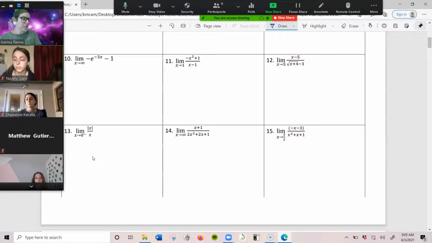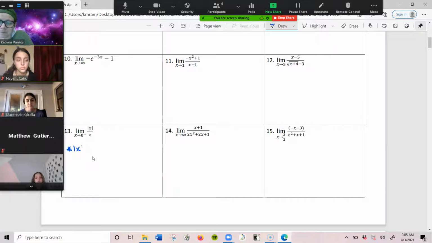So if I were to do that, the absolute value of x is equal to the piecewise function where the absolute value of x is just x for when x is greater than or equal to 0, right? Because it doesn't matter what positive number you plug in, since it's the absolute value of a positive number, it's still going to be that number, right? But it would be negative x if x is less than 0.